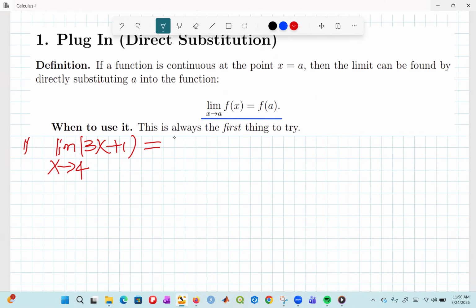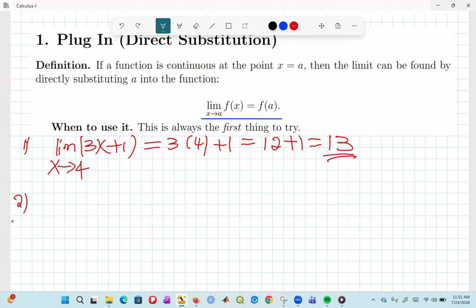Direct substitution gives 3 times 4 plus 1, which is 12 plus 1 equals 13. When we replace x with a and produce a real number immediately, then the limit is found with no further algebraic work. So the limit of 3x plus 1 as x approaches 4 is 13.